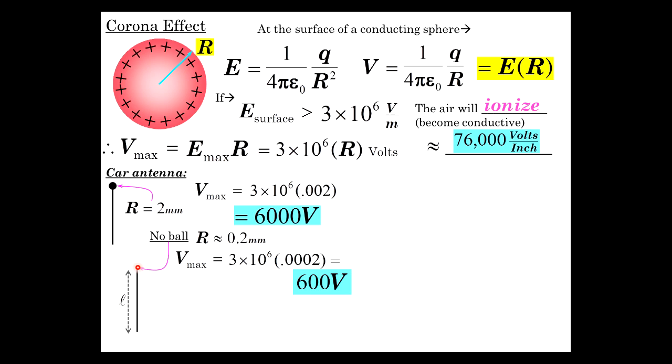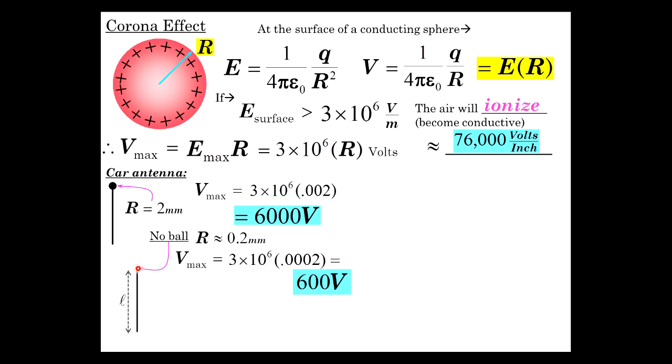Now, to give perspective on this, it's not like the electric field just exists across that tiny region, and that E field times that tiny space is where the voltage is built up. Even though we can think of it that way, because that translates mathematically into how much voltage you can have across this tiny radius. This E field times this tiny radius is going to be 600 volts maximum before ionization occurs. But the voltage itself is built up along the wire.